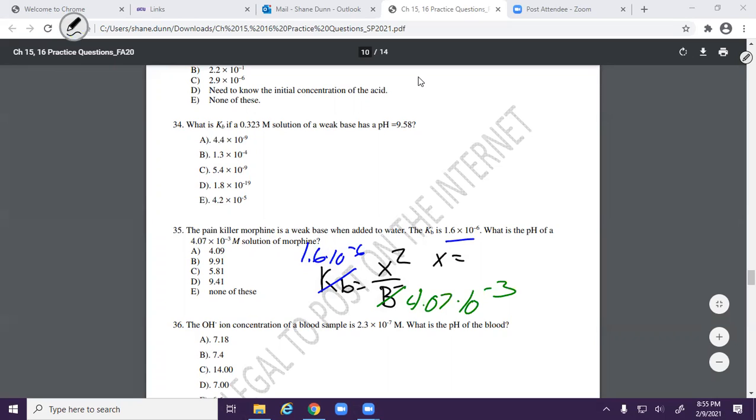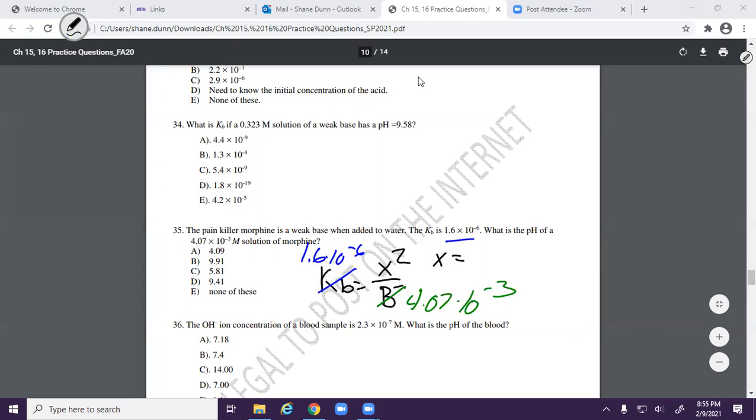That might be my problem. 1.6 times 10 to the negative 6. Enter. 4.07 times 10 to the negative third. That's that value. I get 8.06 times 10 to the negative fifth for x.